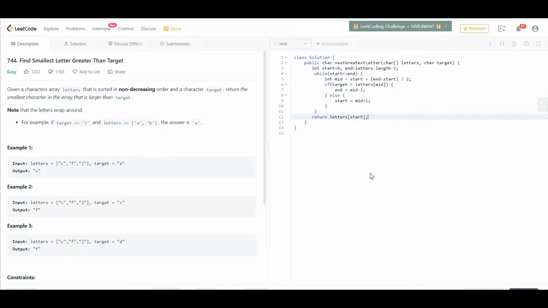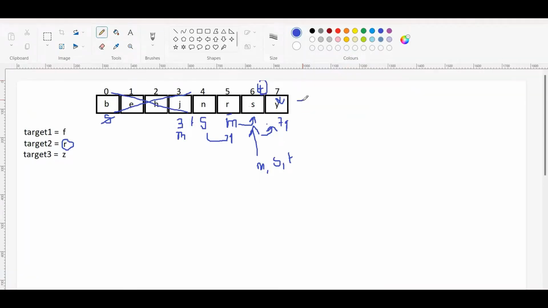But we can't do this for all cases, because we have a condition that the letters wrap around. Suppose z is present here and we have to return b. If finally our mid, start and end are at the last element, then to break the condition our start would move beyond it.